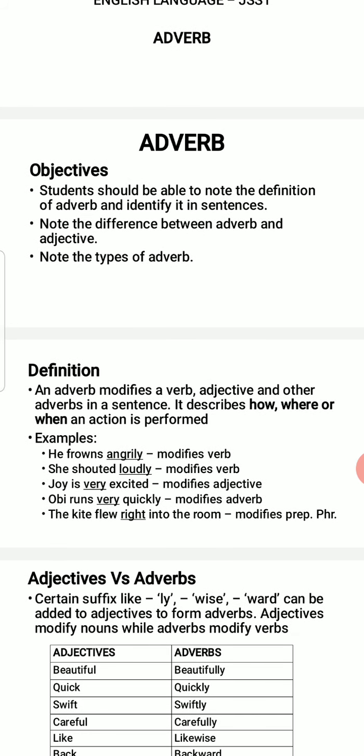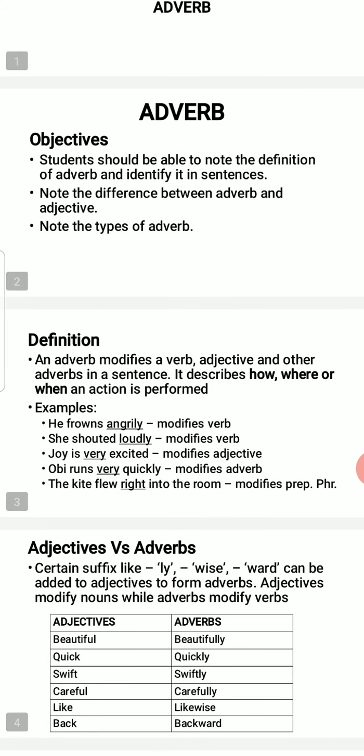We are going straight into the lesson now, and we want to ask ourselves the question, what is an adverb? An adverb modifies a verb. An adverb modifies an adjective. An adverb modifies other adverbs in a sentence. It describes how, where, or when an action is performed.